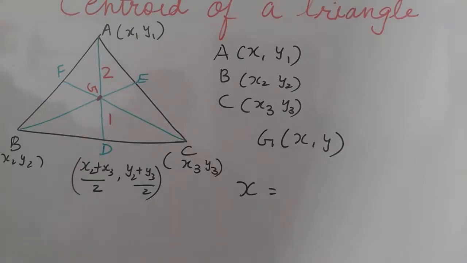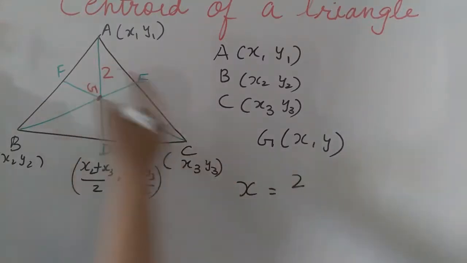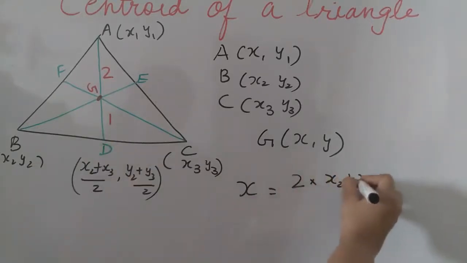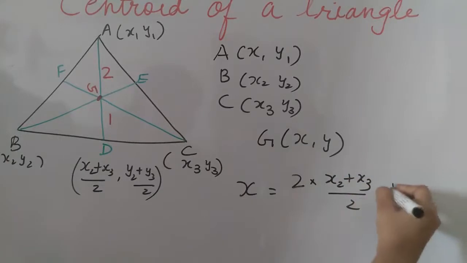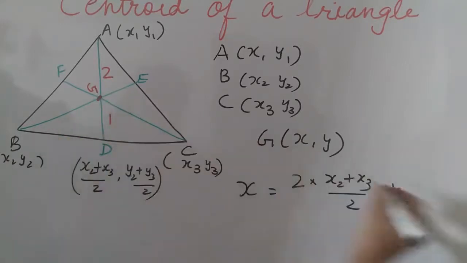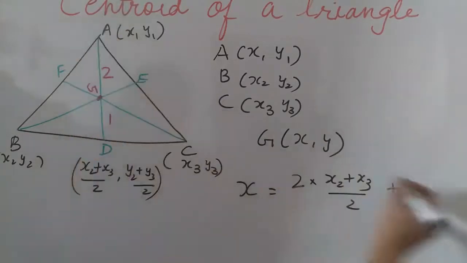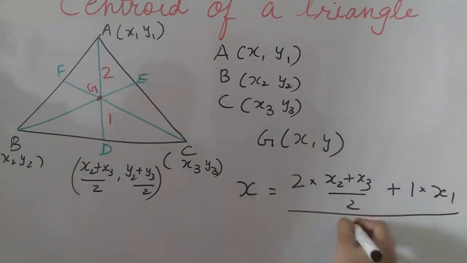M is 2 here, multiplied by x2, x2 meaning this D, that is (x2 plus x3) by 2, plus n, n means 1 into x1, that is x1 already, upon m plus n, 2 plus 1.